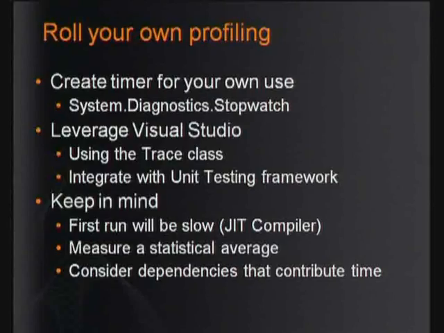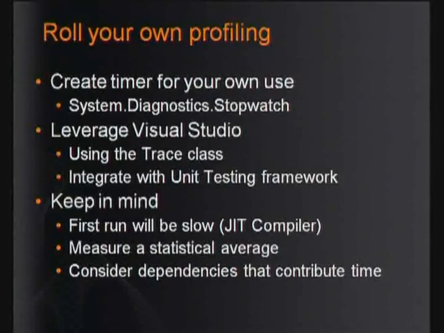Things to keep in mind in any sort of performance test. First, because of JIT and load times, your first run will always be slower than subsequent runs. Also, due to various different factors, always take a statistical average. So don't run just once and take that number. Make sure your test runs tend to run a certain operation multiple times, and you take the average time that the operation took.